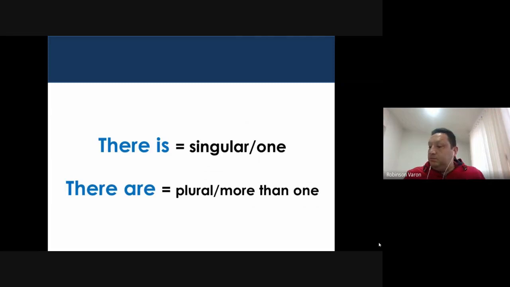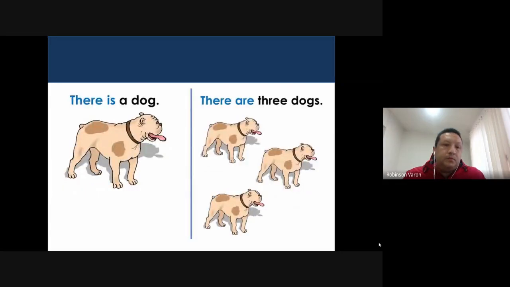More than one with there are, and there is singular. Let's look at some examples. There is a dog. So there's one dog. There is a dog. There are 3 dogs. More than one. There are 3 dogs.